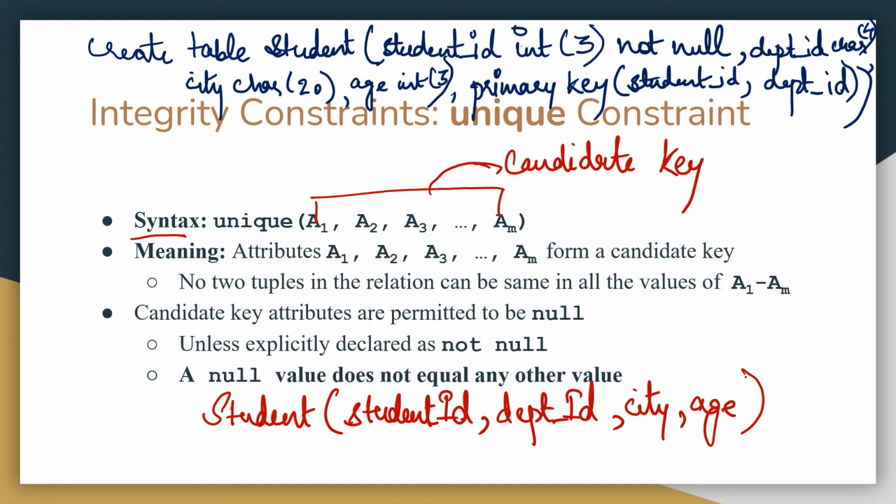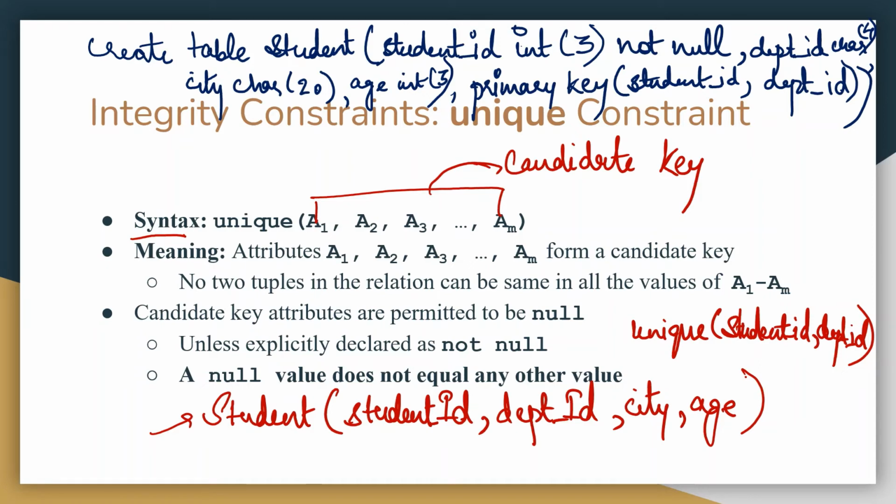Okay, so what is unique in this case? We had the primary key as student ID, department ID. So I can say unique student ID comma department ID, right? So now I can confidently say that this combination of student ID and department ID cannot be the same for any two students in the student table, right?